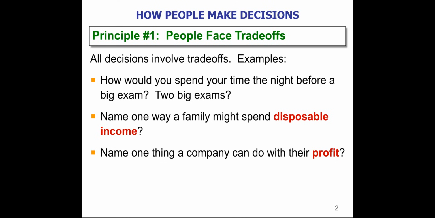So, name something that a company can do with their profit. Profit is defined as revenue minus costs. So remember again, a profit assumes that the costs have already been paid. Your workers have been paid. The ingredients it took to make that product have already been purchased. They've already done advertising and marketing for that product. So some firms decide to give that money to their shareholders if the company is owned by stockholders.